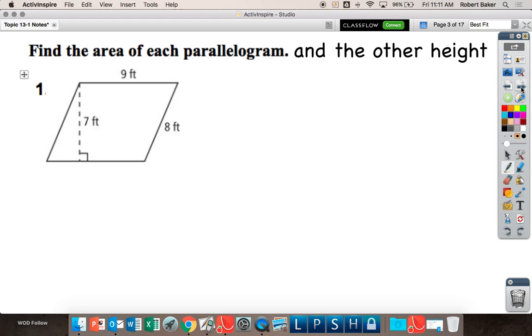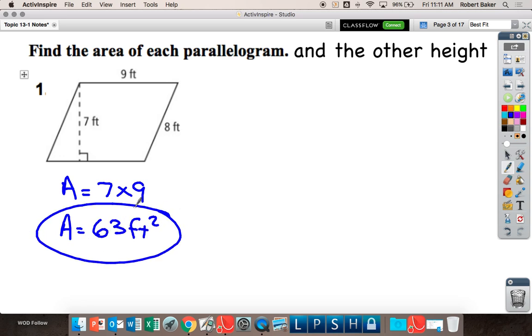The area of this parallelogram is 7 times 9, so it's 63 feet squared. You have to use this base and its corresponding height. It's always the distance between bases.